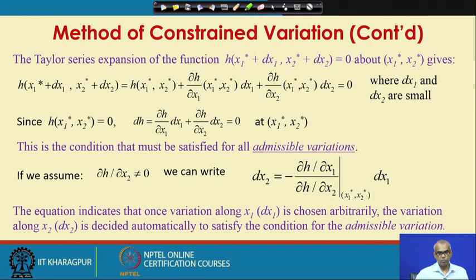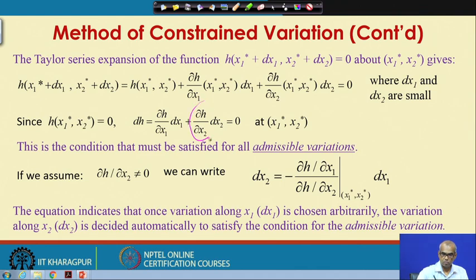If you now assume del h del x2 is not equal to 0, we can write dx2 equal to minus del h del x1 by del h del x2 into dx1. Just rearrange this.